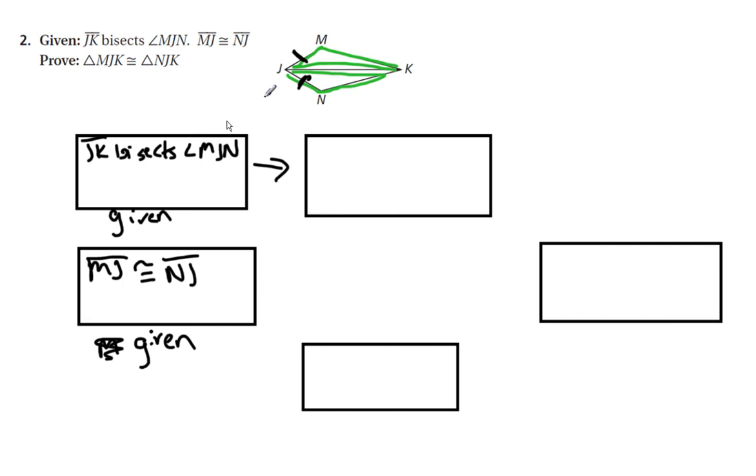So if JK is a bisector, I should erase all this because it looks kind of messy. Oh, look, there I go. So JK is a bisector, which means the two smaller pieces of that have to be congruent to each other. So angle MJK is congruent to angle KJN.